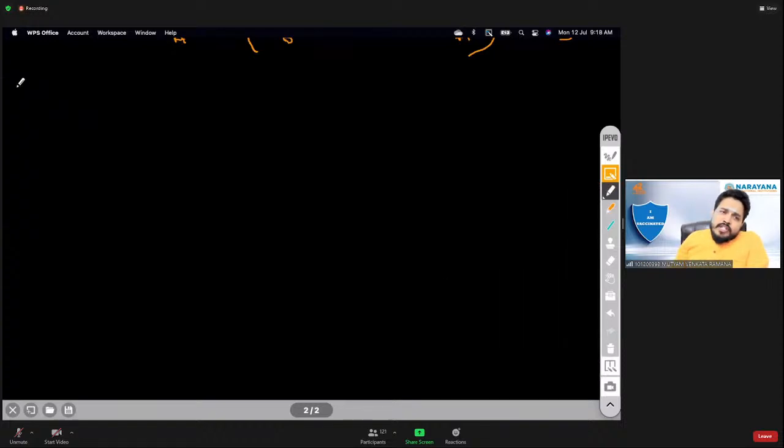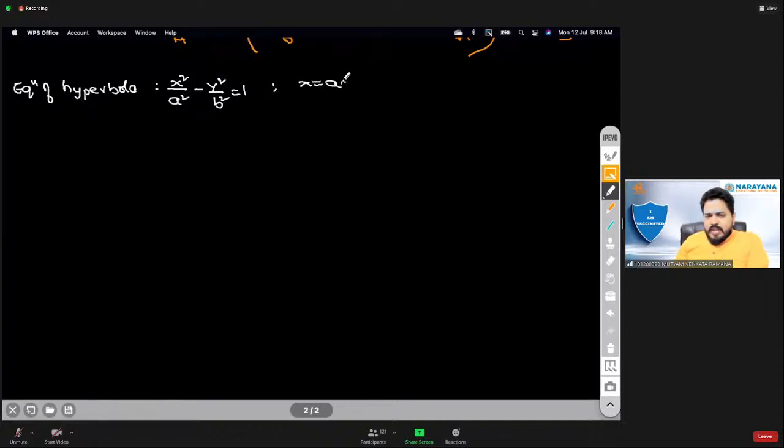What is the equation of the hyperbola? Equation of hyperbola is x square by a square minus y square by b square is equal to 1.